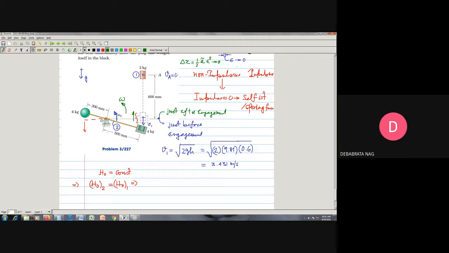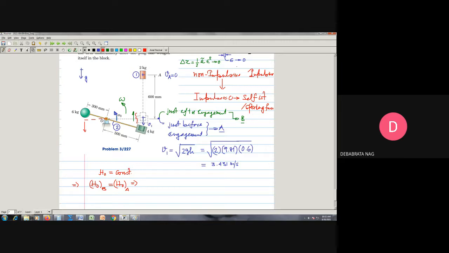So the angular momentum at point 2, when they come here at the final configuration, we can define the situation just before engagement as situation A, and just after engagement as situation B. So HOB and HOA must be equal to each other.